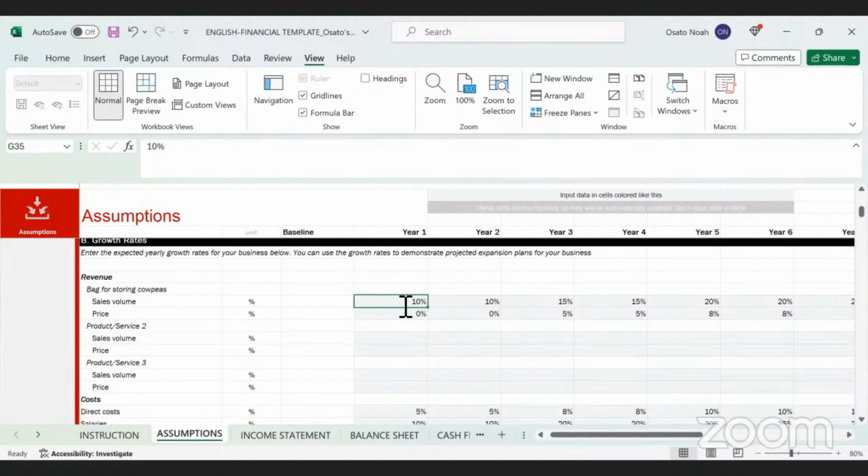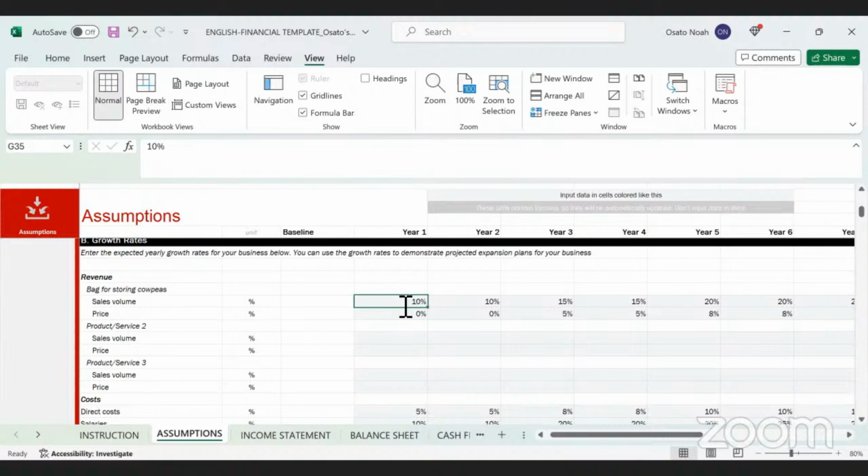For our revenue projections, this is a business that is starting. There's really no baseline in terms of what the current revenue growth is. So we just assume that on a year-on-year basis, our volume, that's the volume of production.